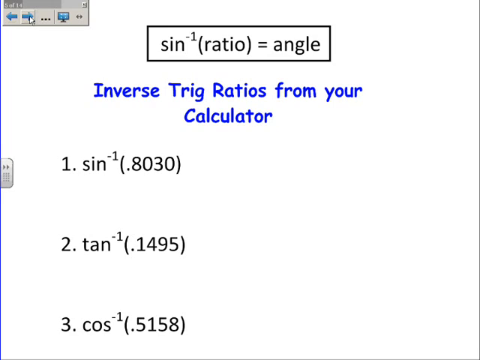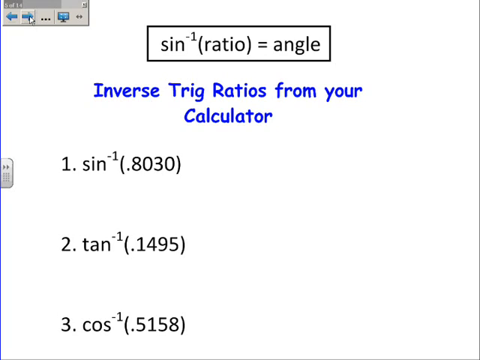Okay, so if you do inverse sine of the sine ratio, it'll give you the angle that would give you that ratio. Or the inverse tangent of a ratio, it'll give you the angle that would give you that ratio. If you grab your calculator, again, make sure that you are in degrees and not in radians.